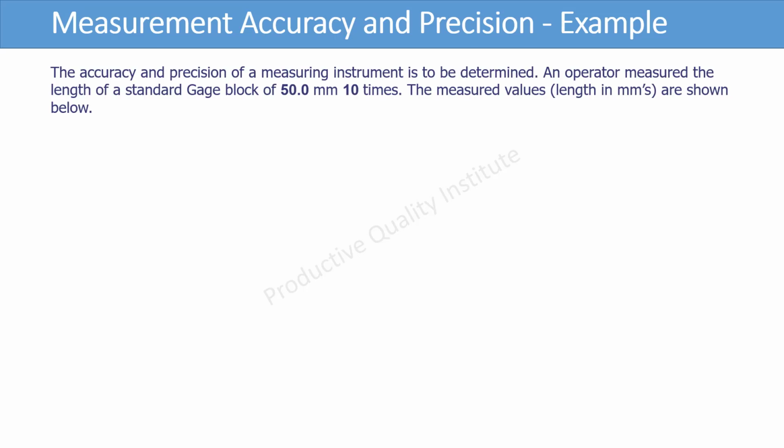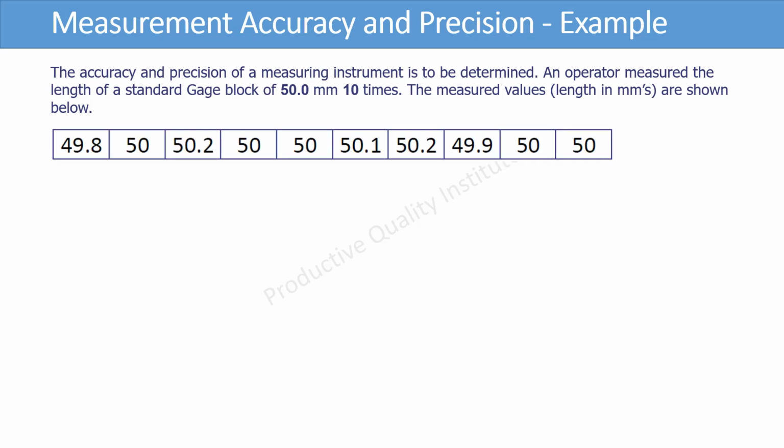The accuracy and precision of a measuring instrument are to be determined. An operator measured the length of a standard gauge block of 50 millimeters 10 times. The measured values, length in millimeters, are shown below. The mean value is 50.2, and the standard deviation for measurements is 0.123.